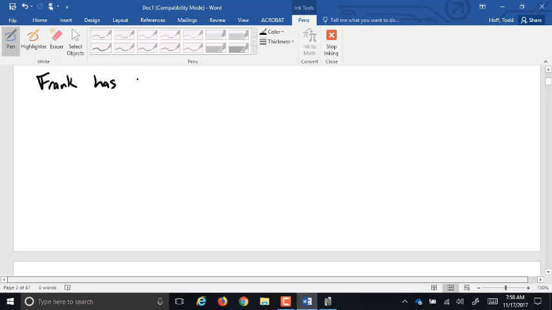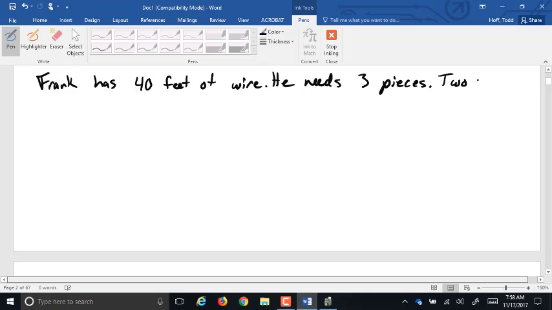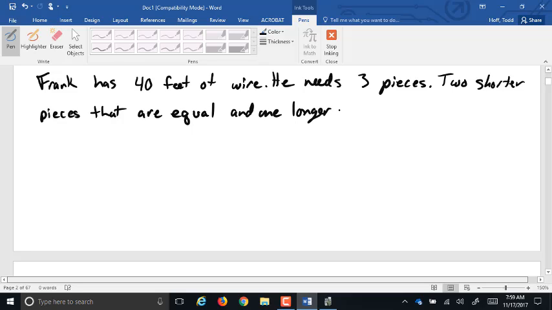Frank has 40 feet of wire. He needs 3 pieces, 2 shorter pieces that are equal, and 1 longer piece that is 3 times the others.